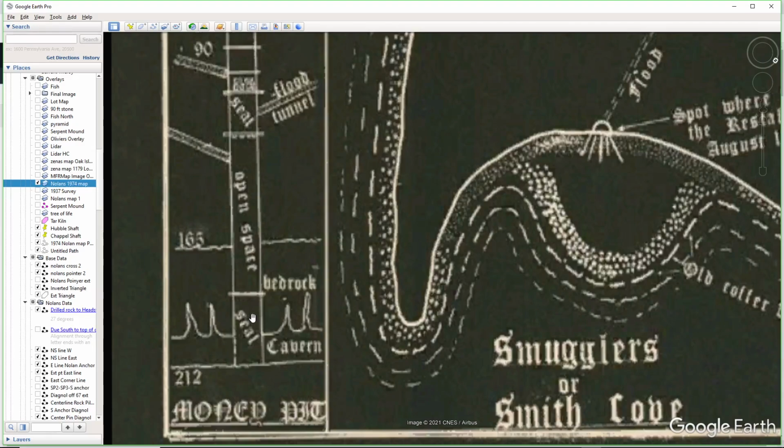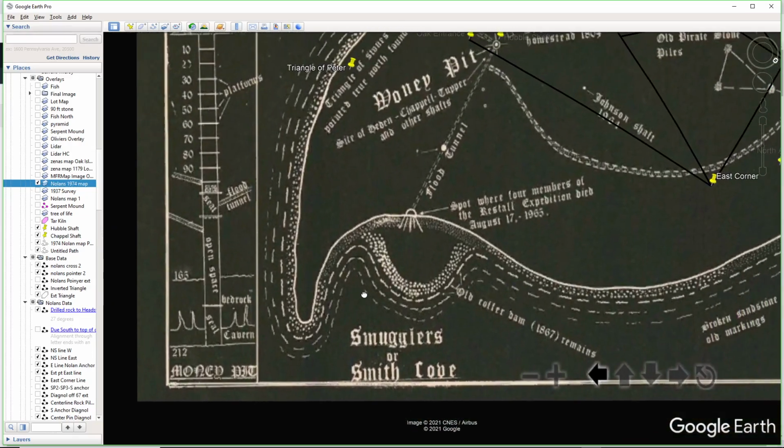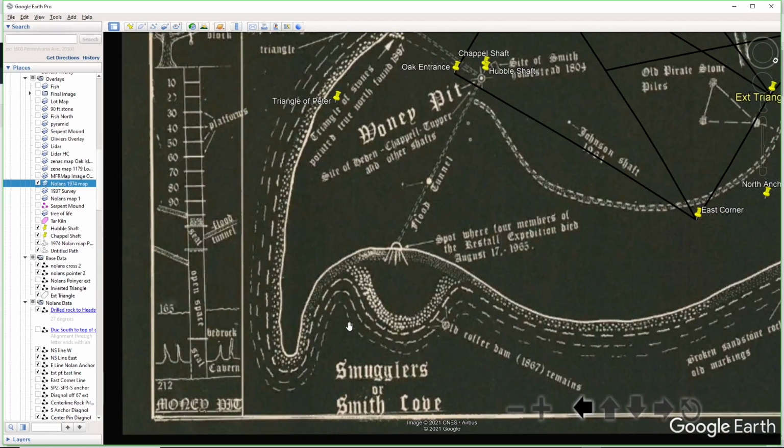So Fred Nolan, he was very knowledgeable. He spent his life researching, and I would say he's probably one of the greatest experts of the island as far as research goes. I mean, Fred Nolan didn't just dig, he researched.